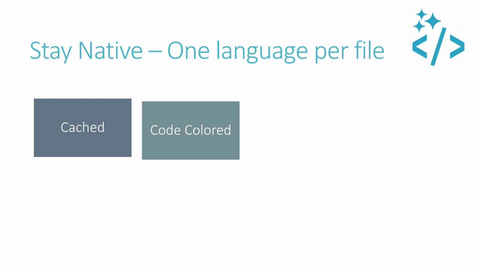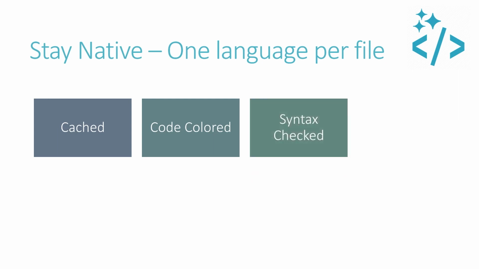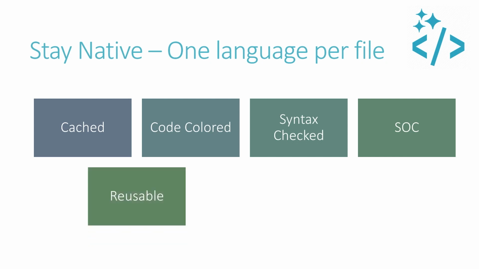We get this colored functionality with Visual Studio, for example. We get syntax checked. We get this nice separation of concerns, which makes it much easier to update code because we know where to search for styles and where to search for backend functionality. And yeah, it makes code also reusable.